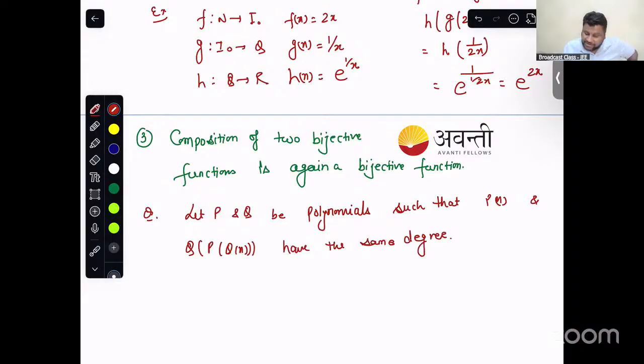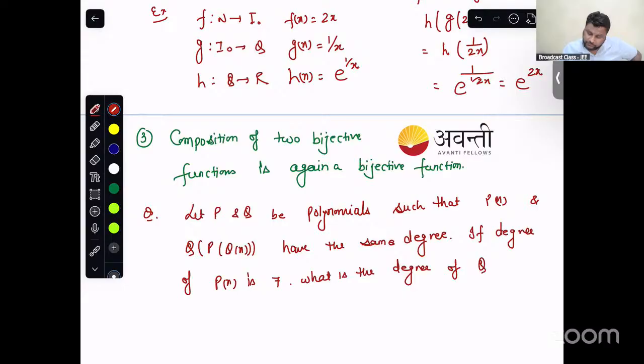If degree of P(x) is 7, what is the degree of Q(x)? Yes, give it a try.